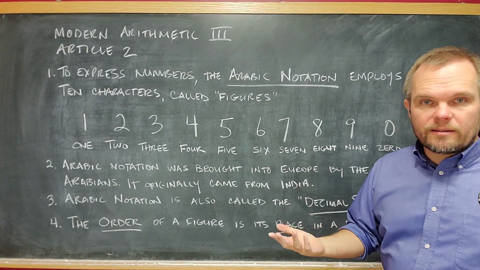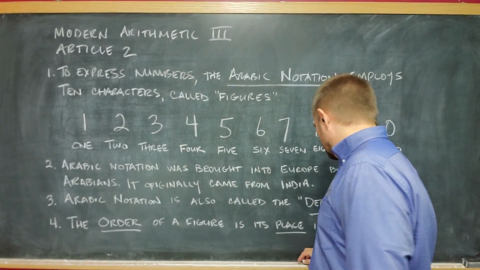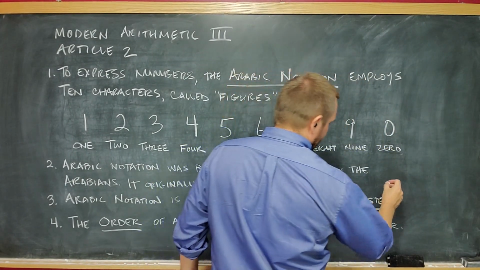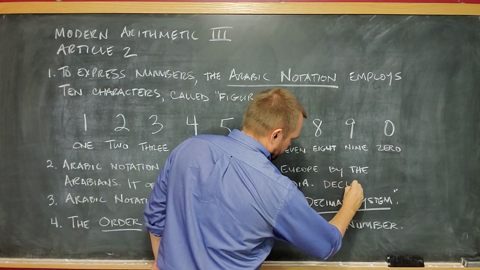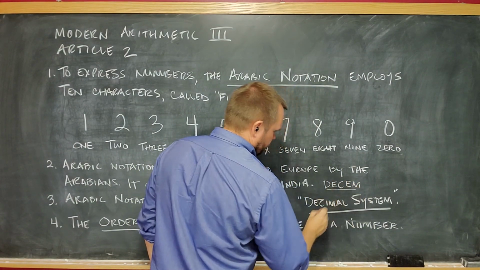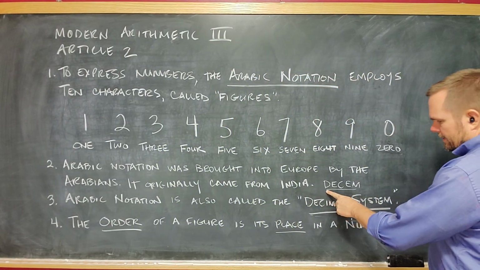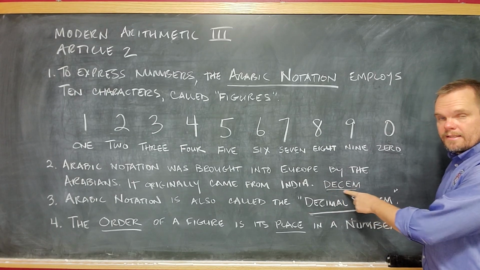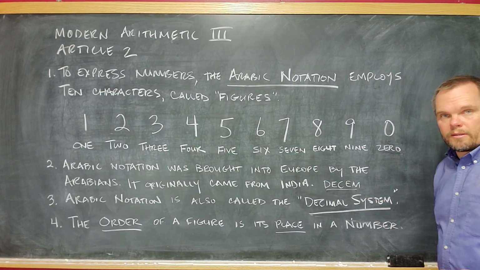And since I'm a Latin teacher, let me just tell you what this word decimal means. In Latin, I'll write it right in here. In Latin, the word decem means 10. Okay?